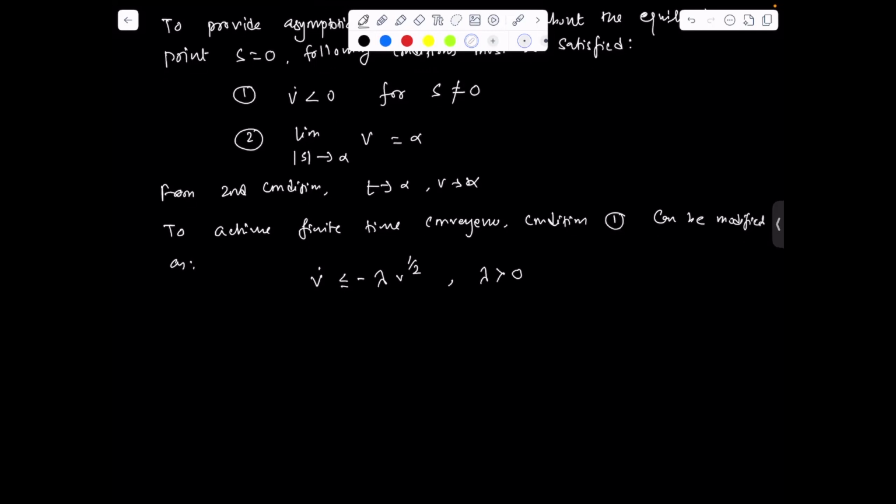So if you can write this V dot in this kind of structure, then we can say the system will have finite time convergence.